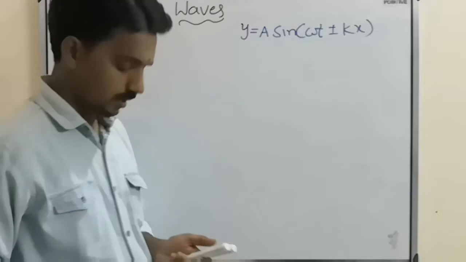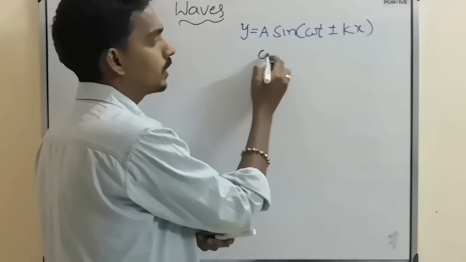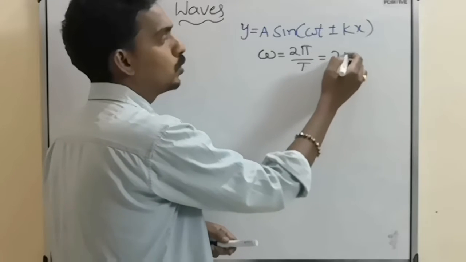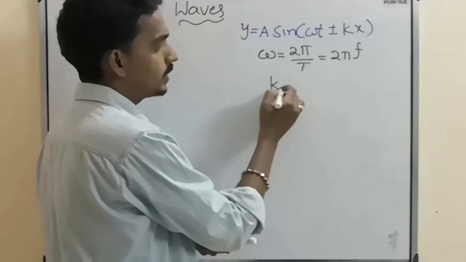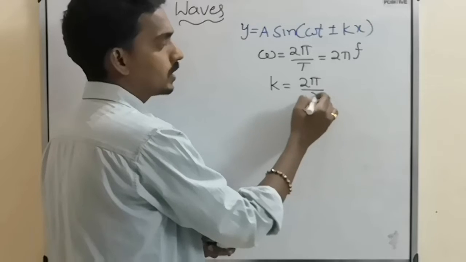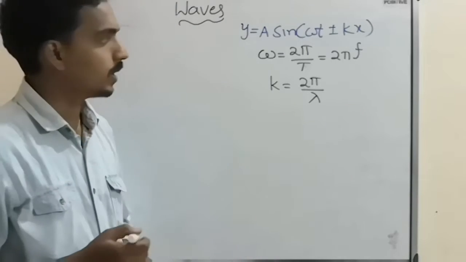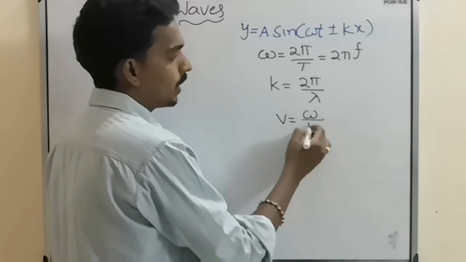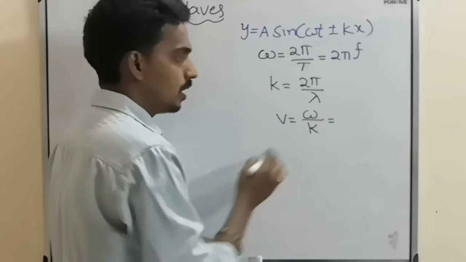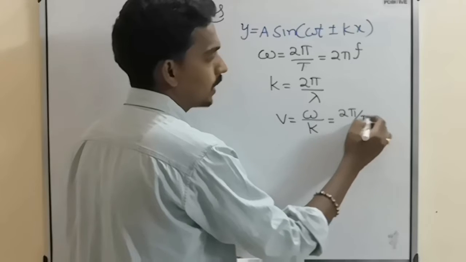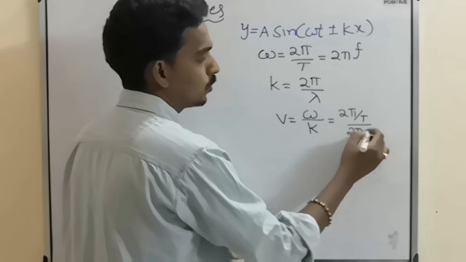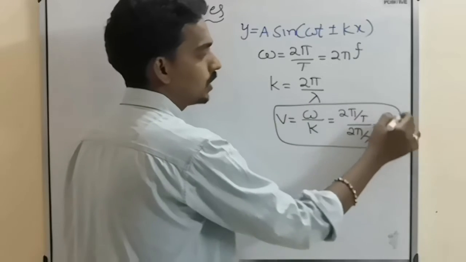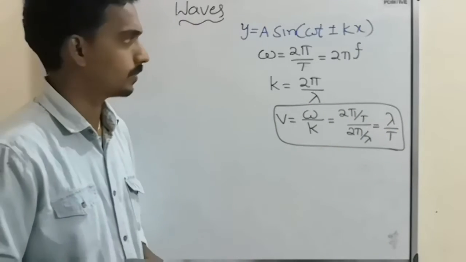Omega is the angular frequency, which is given by 2 pi by T or 2 pi f, and k is the wave number, which is given by 2 pi by lambda. The speed of the wave v equals omega by k, or else, since omega is 2 pi by T and k is 2 pi by lambda, it becomes lambda by T. So these are the formulas we have seen.